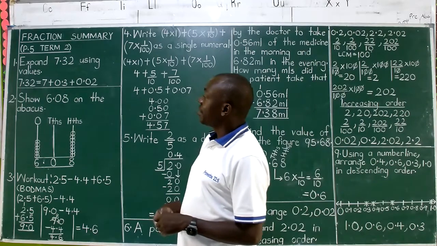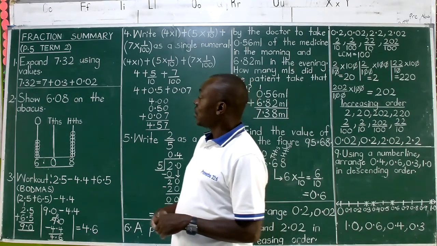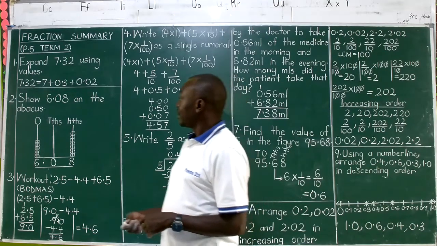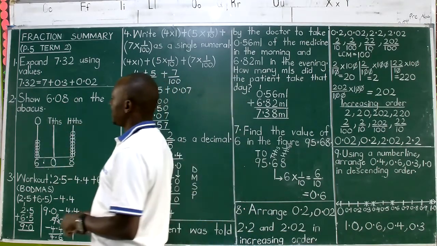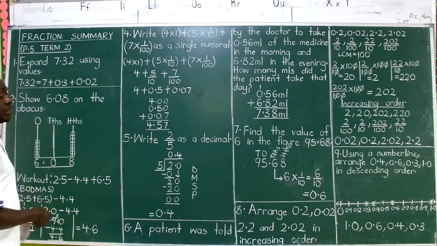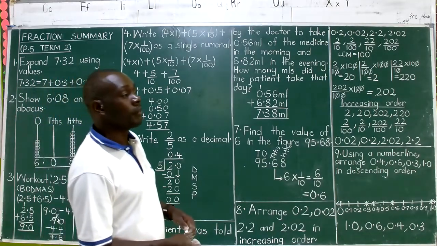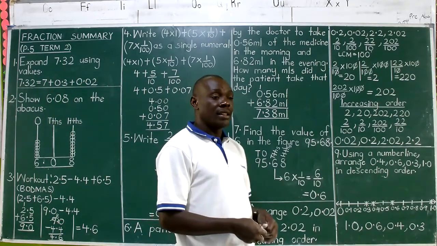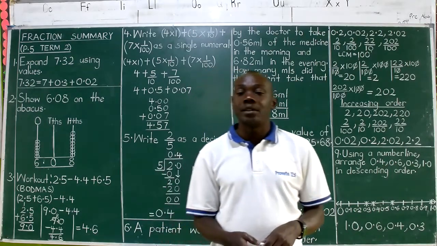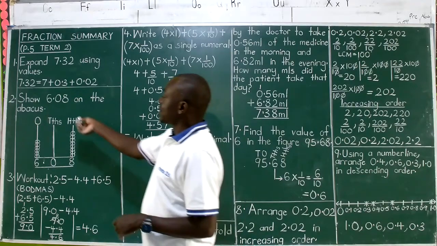Now that we are in P5, we are subject to other bases. So now look at the number. It is 6.08, and it doesn't have any base written on. Any number without a base goes normal, and the normal base within which we learn counting is base 10. Therefore, this is a base 10 numeral.